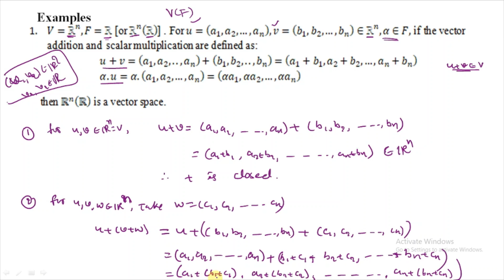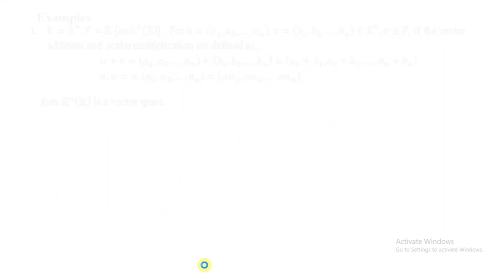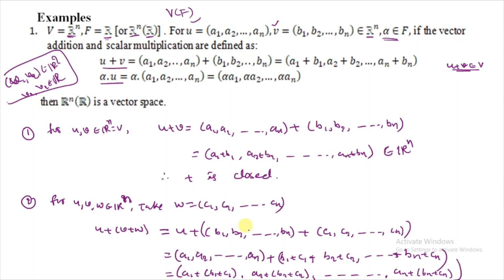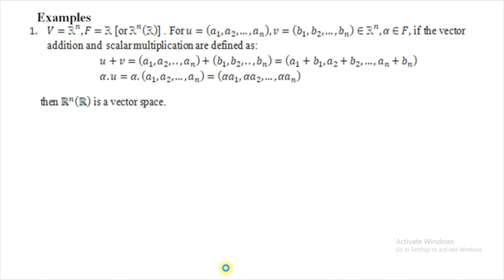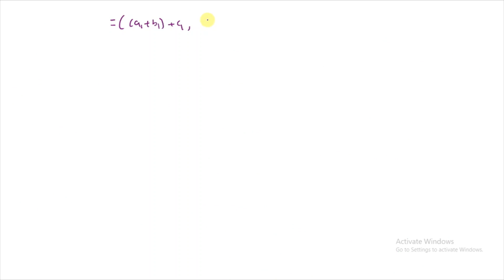Now these are real numbers, and real numbers satisfy the associative property. So this one I can write as (a1 plus b1) plus c1, because real numbers are associative. Similarly, next (a2 plus b2) plus c2, and so on, (an plus bn) plus cn.